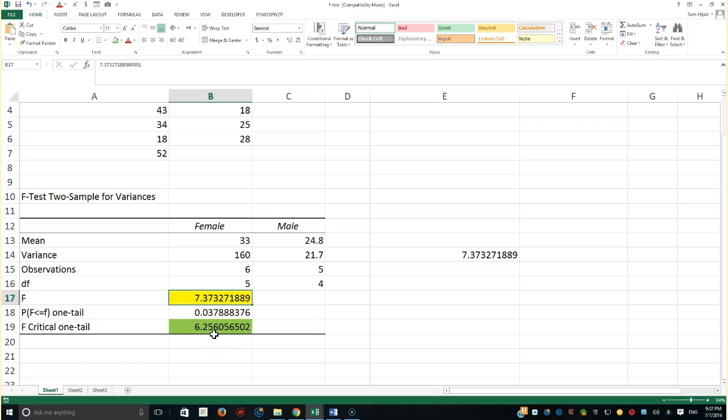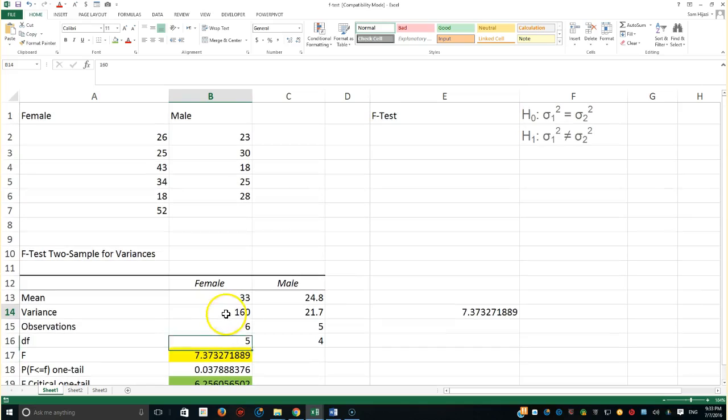I'm limiting myself to two digits to the right of the decimal point in my discussion. Therefore, clearly, we reject the null hypothesis. The variances of the two populations are unequal. They are not equal, 160 versus 21. That is clearly the case.